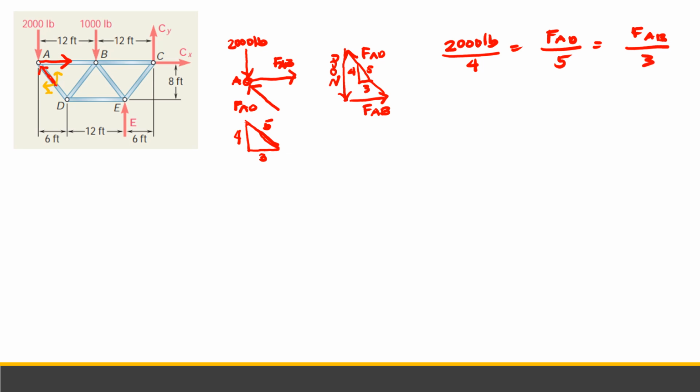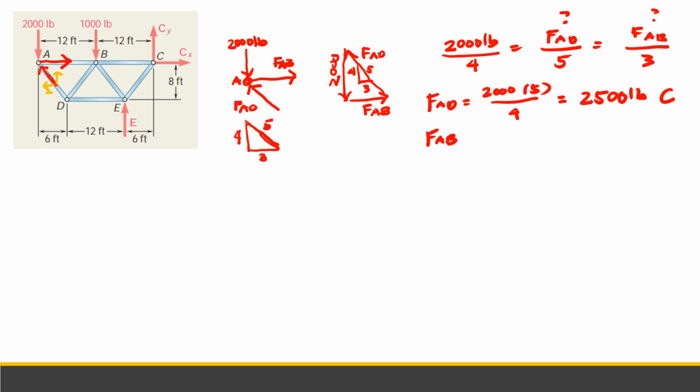Okay, so first we will find AD and then AB. So force AD is equals to 2,000 multiplied by 5 over 4. So meaning force AD is equals to 2,500 pounds, which is in compression. Okay, so that is 2,000 pounds compressed, 2,500 pounds in compression.